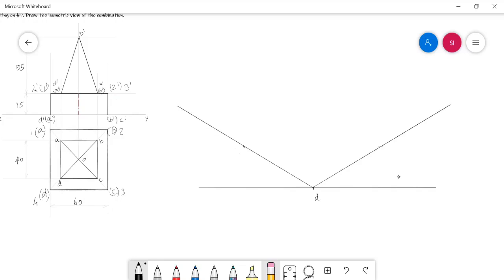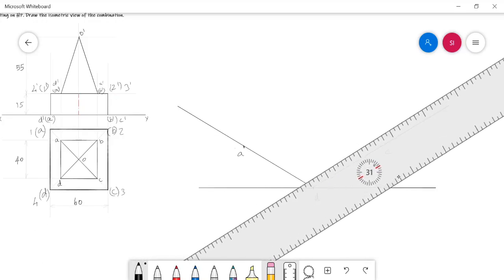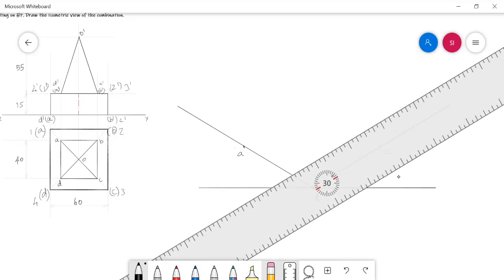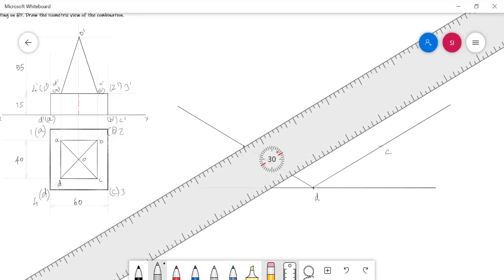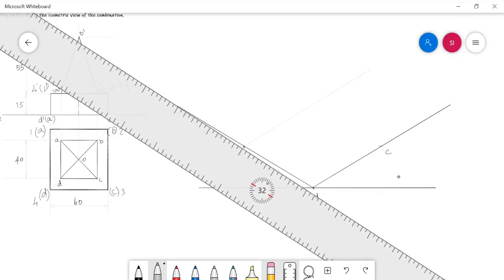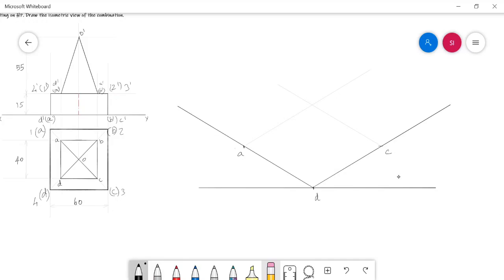So this corner is A and that corner is C. And in order to locate the corner B, I need to set the drafter parallel with the side DC and draw a line from A, and then set the drafter parallel to AD, and from the corner C draw one more line. These two lines will intersect at a point, and that intersection point is the corner B.